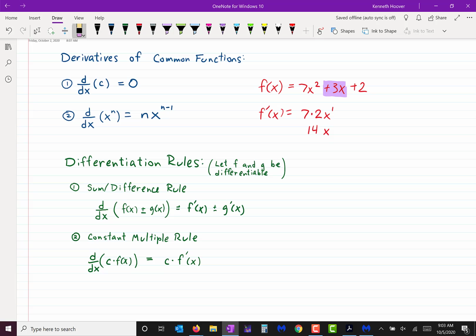So using this rule, the derivative will have a plus. And then what's the derivative of 3x? Well, using this rule, the derivative of x is 1. Do you see that?